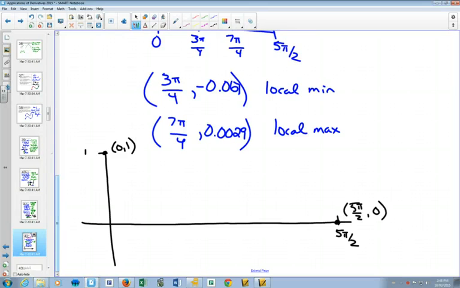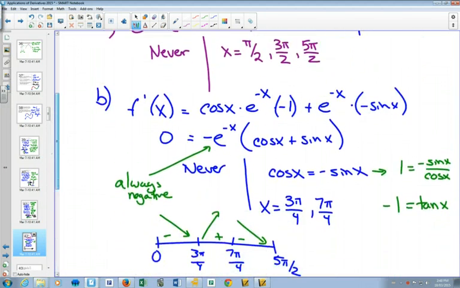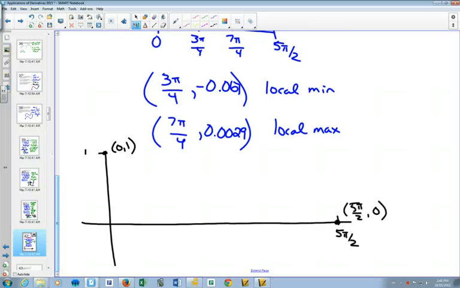Putting our other zeros on here, we know that we had zeros at pi over 2 and 3 pi over 2. So those will be other x-intercepts.